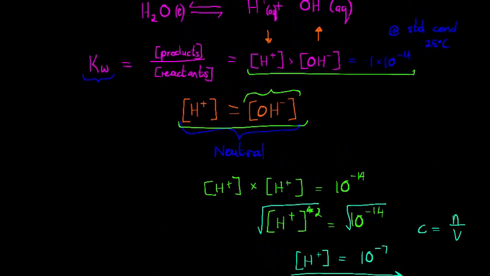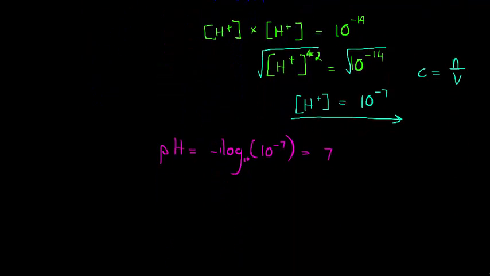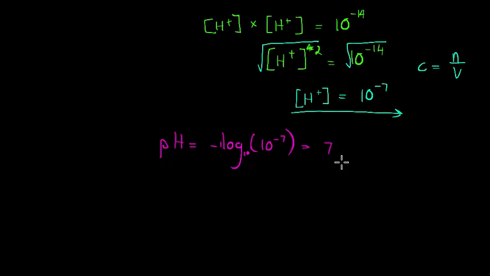Now again, this is at standard conditions. This is at 25 degrees Celsius. At 25 degrees Celsius, at standard conditions, 7 is a neutral pH. In other words, if I measure something and I measure a pH of 7, it will tell me it's a neutral solution.